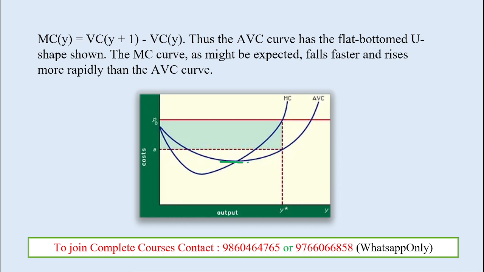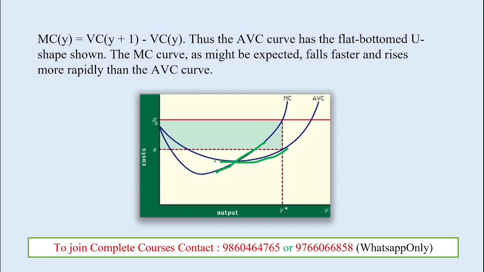This is ABC and this is MC. ABC is the U-shaped curve, and when MC cuts ABC from below, at that point MC is below ABC.